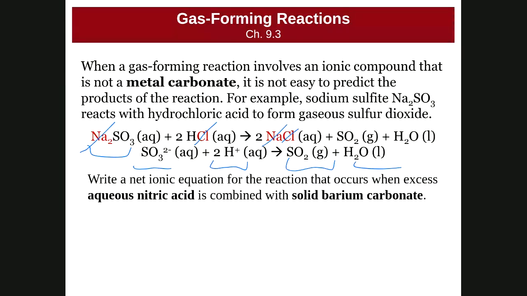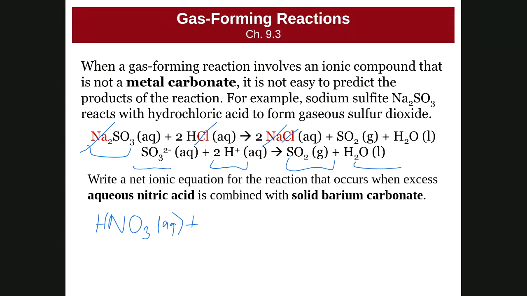All right, so let's write our net ionic equation for the reaction between aqueous nitric acid and solid barium carbonate. So nitric acid is HNO3, as we've seen several times, and it's aqueous. And we're reacting with barium carbonate.